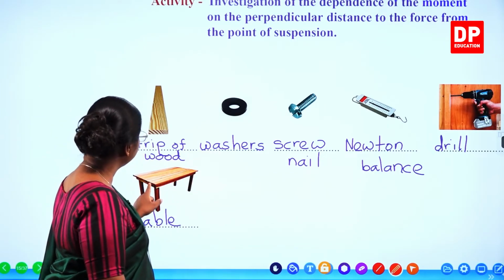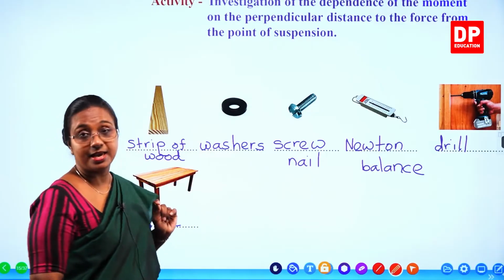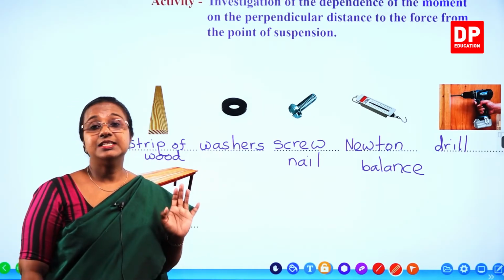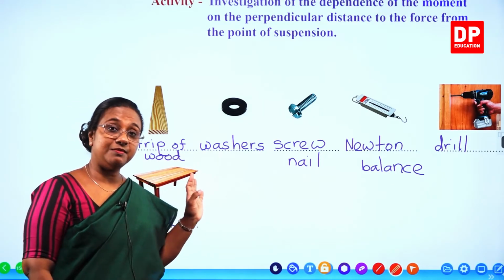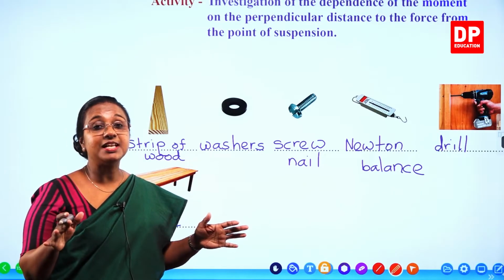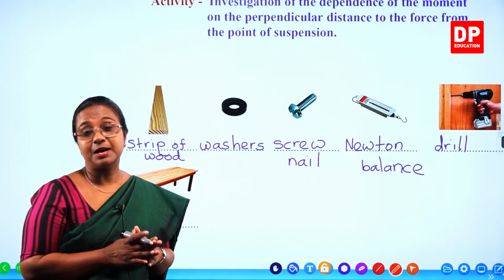Otherwise, we can directly fix the strip of wood to the table. So again, this is a similar activity like the previous one. If we have that setup, we can use the same setup as well.